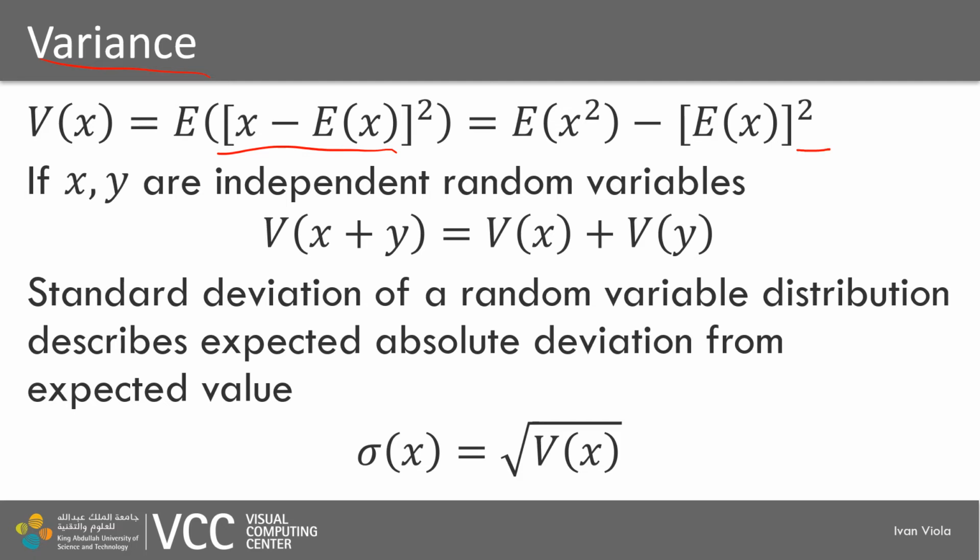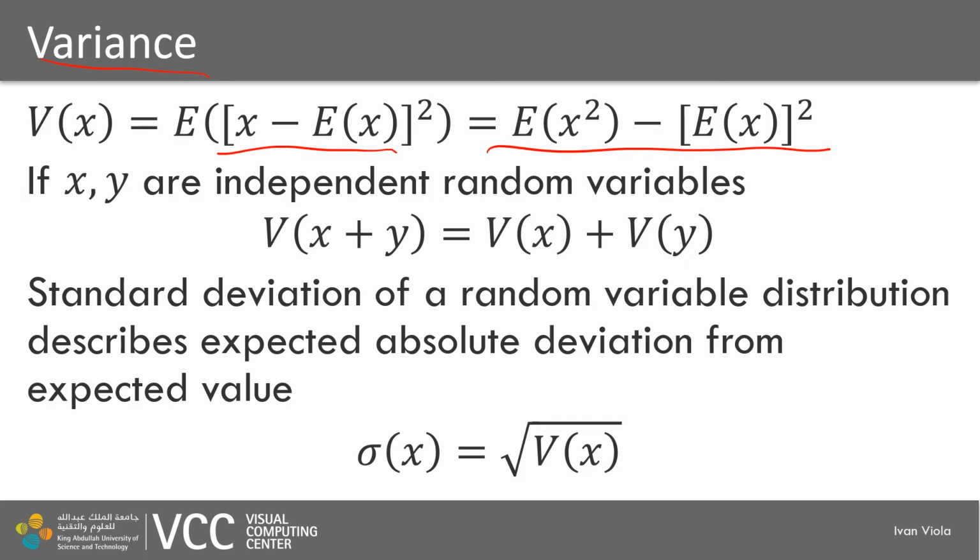It can also be expressed with this term, which says the mean of the square of a random variable minus the expected value of the random variable, squared.